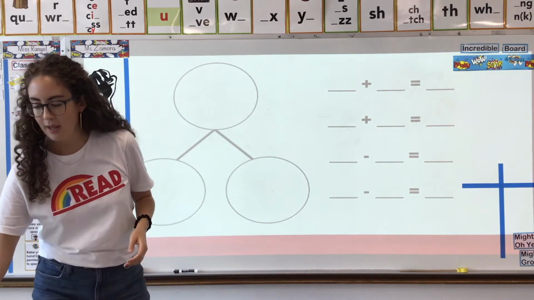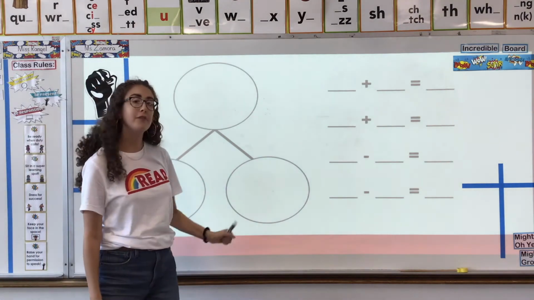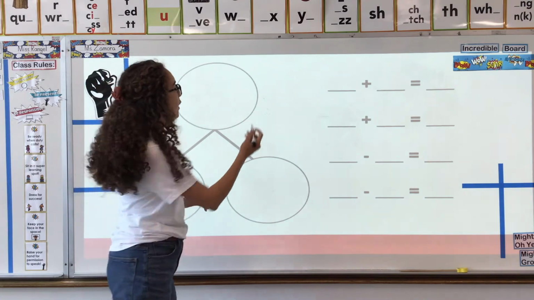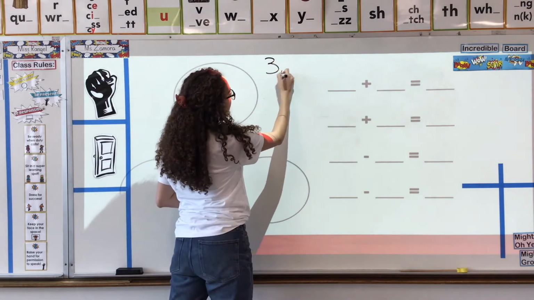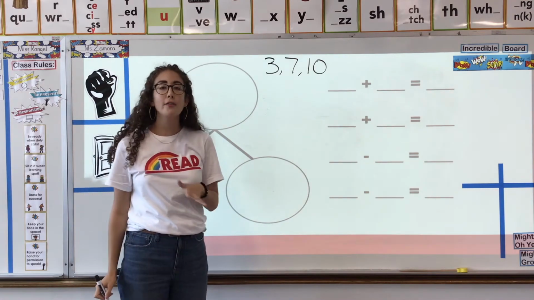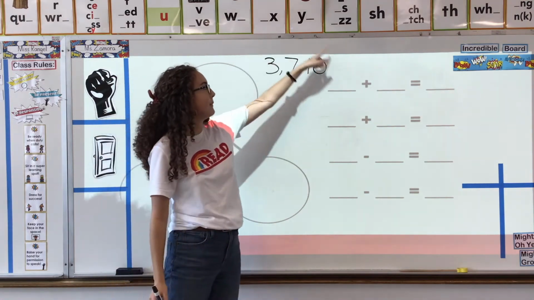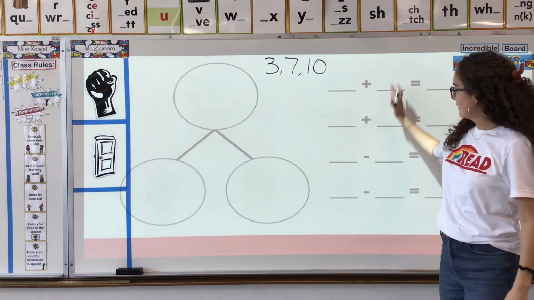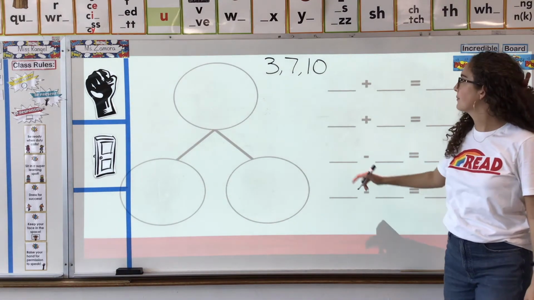Okay, so our first little task for us is we are going to start with the numbers 3, 7, and 10. Our first fact family is going to be made up of these numbers. So we're starting with our sentences.